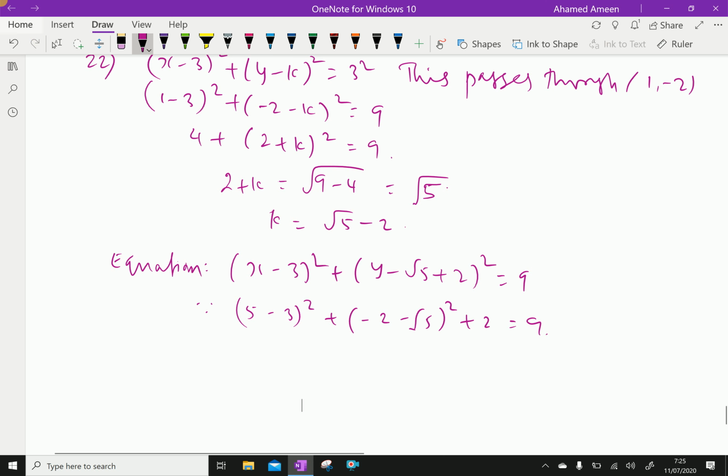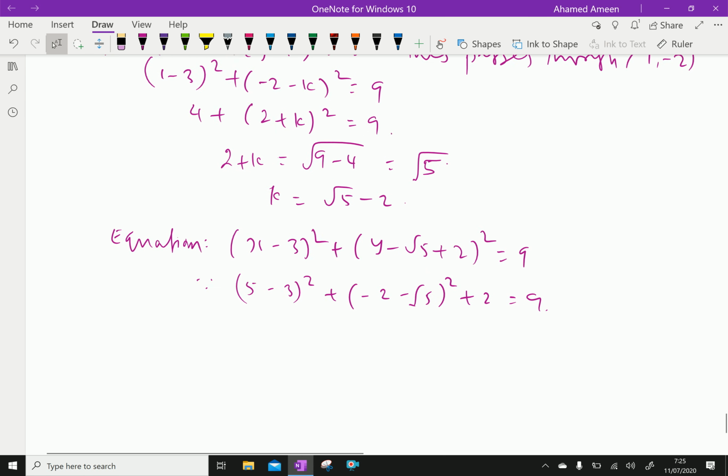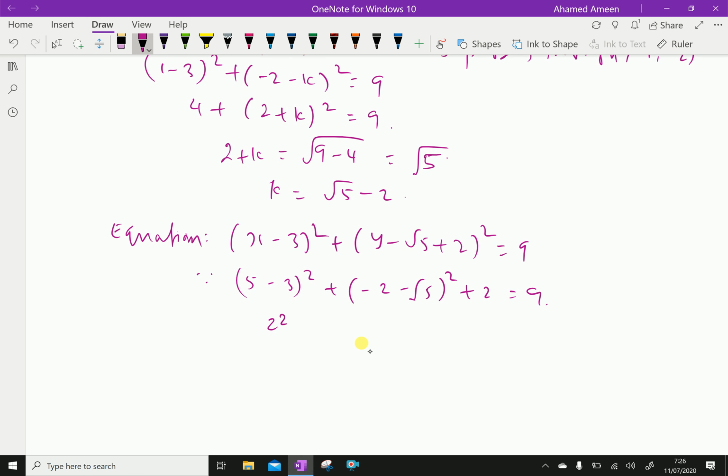Since 5 minus 3 is 2, 2 squared is 4, and minus 2 minus root 5 plus 2 gives minus root 5, whose square is 5, equal 9, since 4 plus 5 is 9.